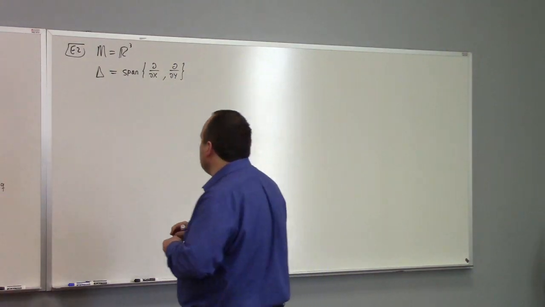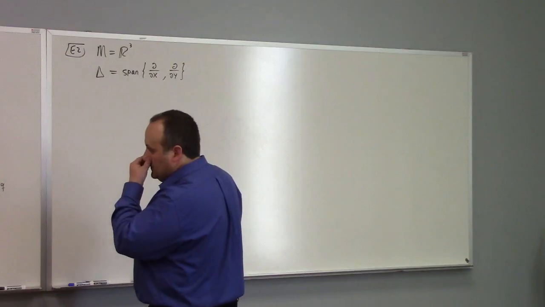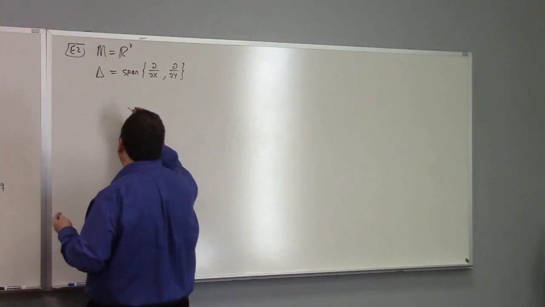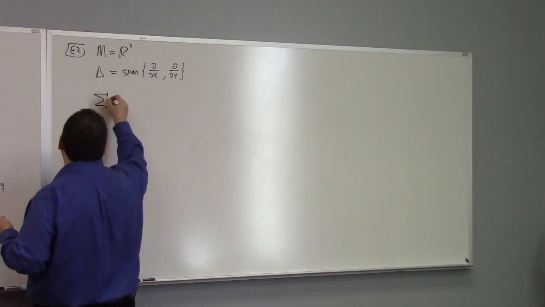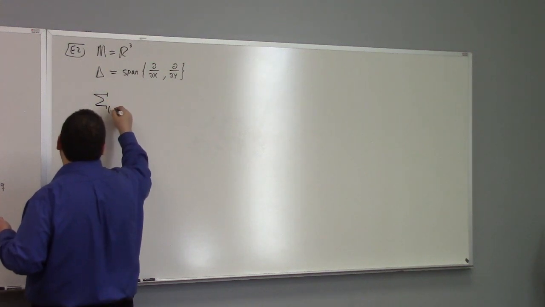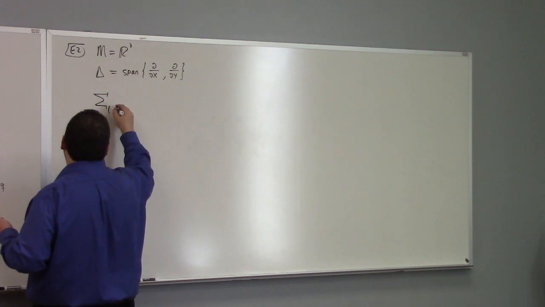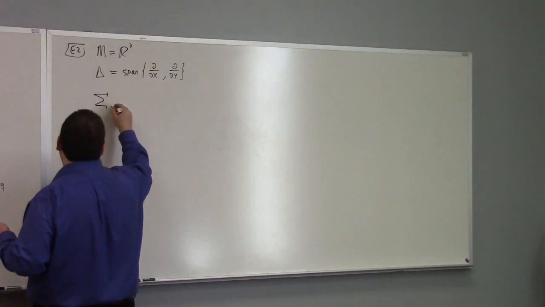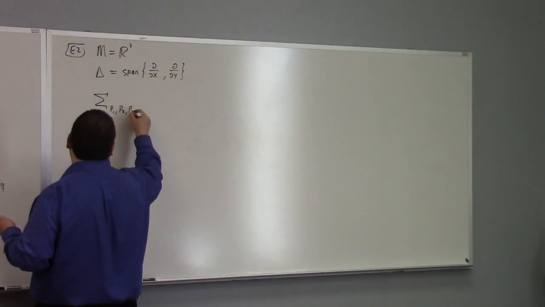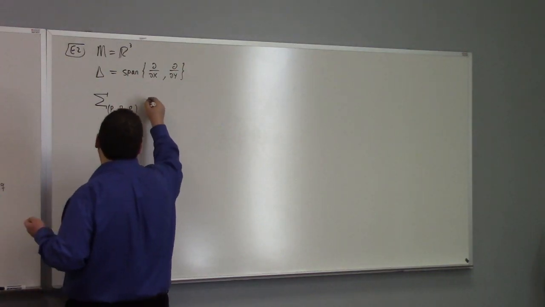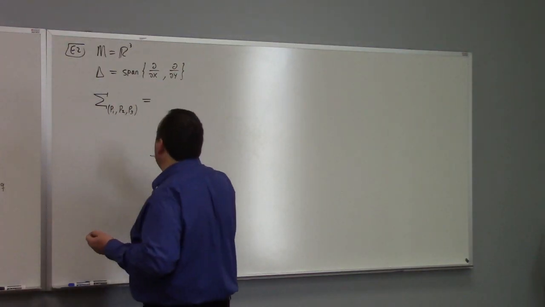So let's see here, how can I say this? Sigma, what's sigma in this case? Through the point, let's say through P1, P2, P3, what would this specifically be? Can you tell me the submanifold?